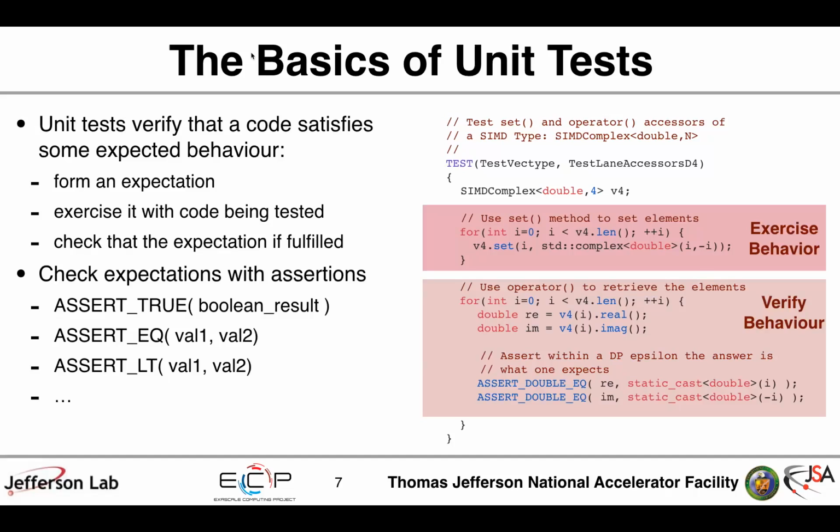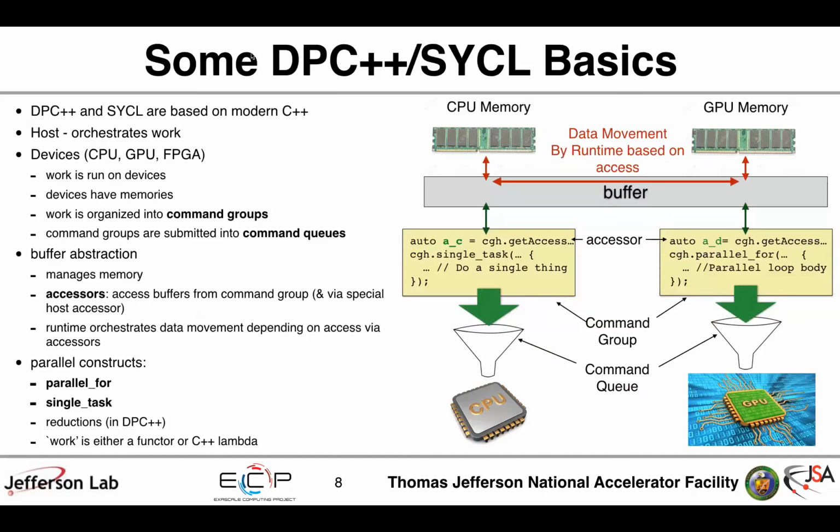And now I will say a few words about data parallel C++ and SYCL, so we can see how we can exercise its features using tests. So here's my one-slide summary of data parallel C++. I have an image on the right. Typically today, some kind of compute node will have some number of devices. Some will be CPUs, some might be GPUs.